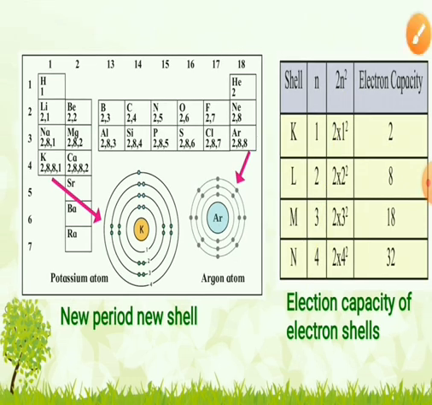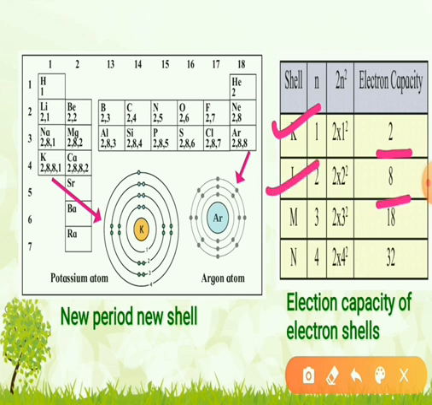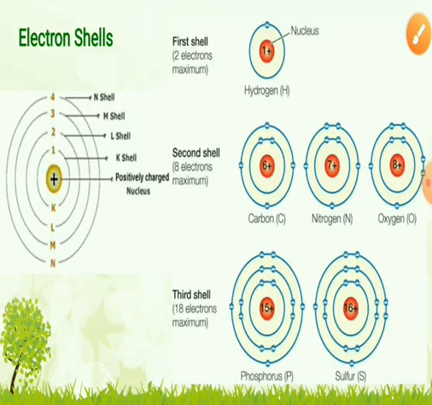Here you have seen the K shell has a capacity to hold 2 electrons, the L shell 8, the M shell and so on. Here you can see the clear image. The first shell is the K shell, the second shell is the L shell, the third shell is the M shell and the fourth shell is the N shell and so on.